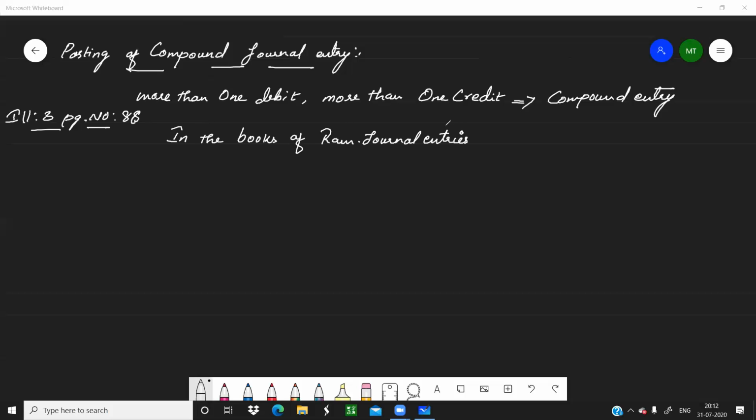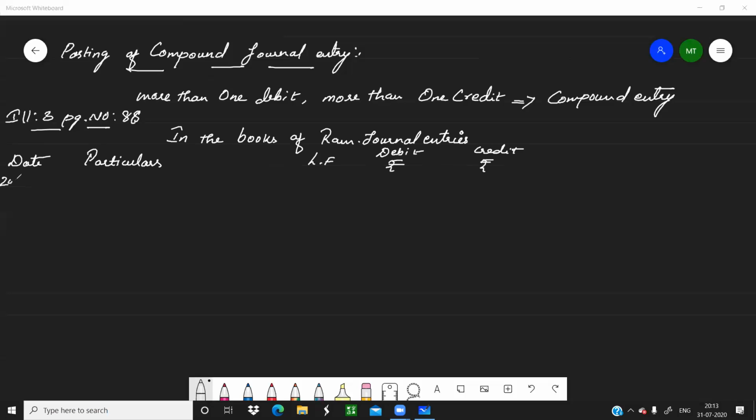ROM journal entries. So date, particulars, then LF, then amount. Debit amount, credit amount. Okay. So first salaries account, then electricity charges and wages. So May 20, 2018.